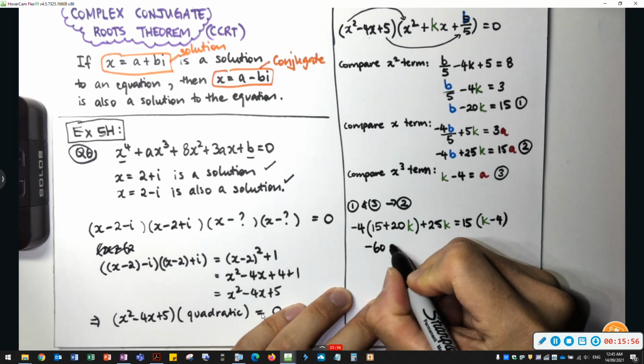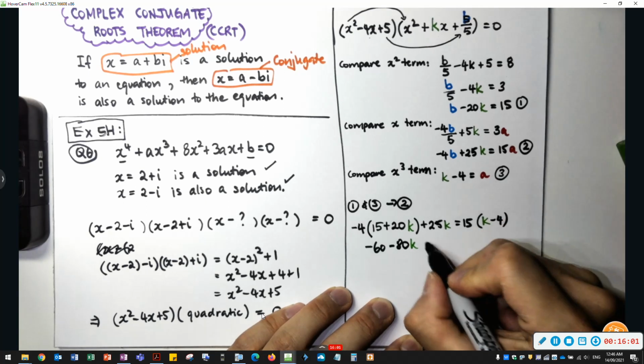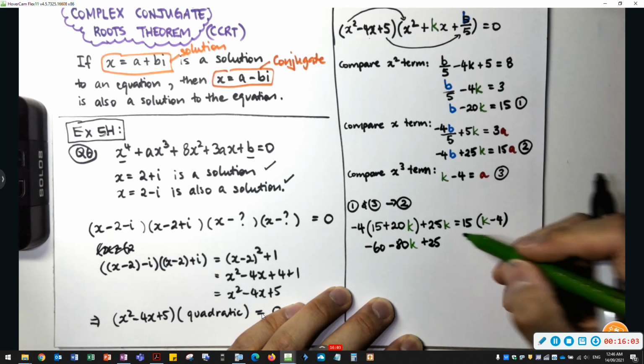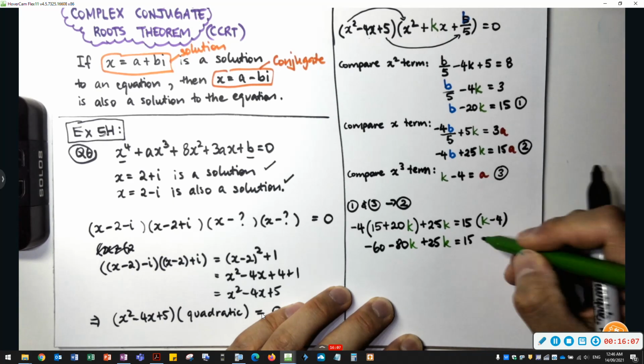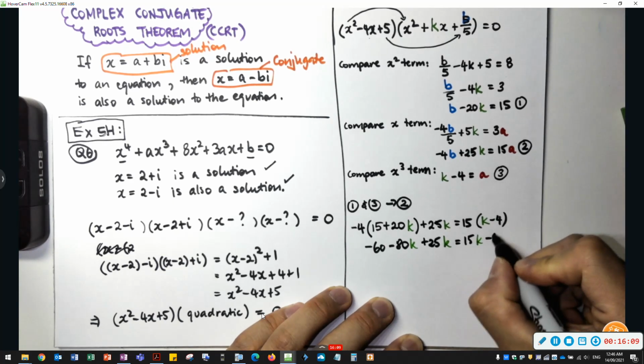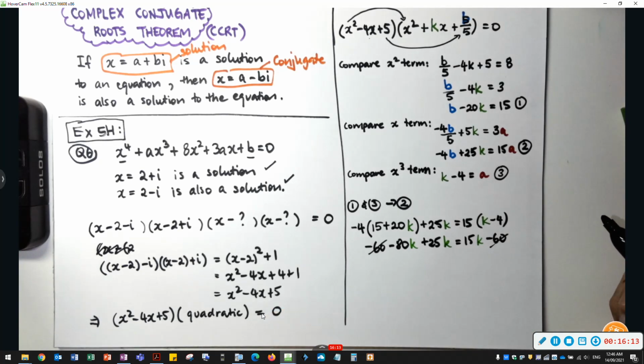Negative 60 minus 80k plus 25k equals 15k minus 60. Okay, the 60s cancel. This is a strange situation. What this tells me, because I've got k on both sides, k must be 0.